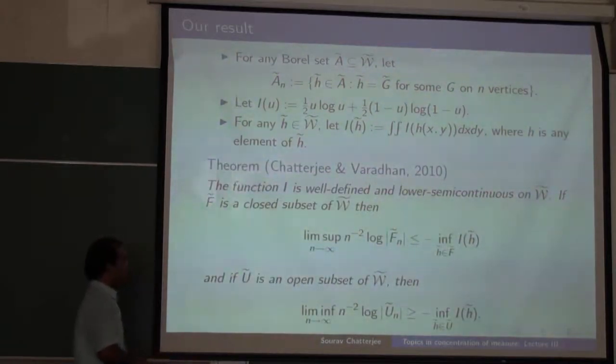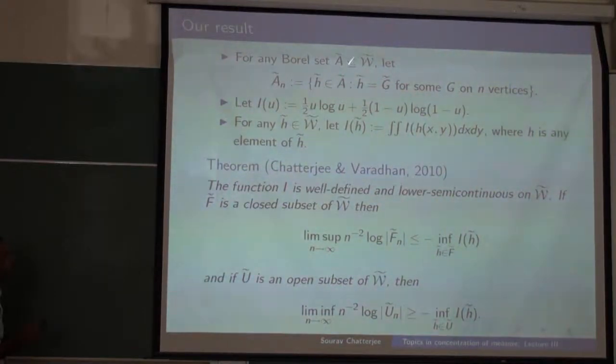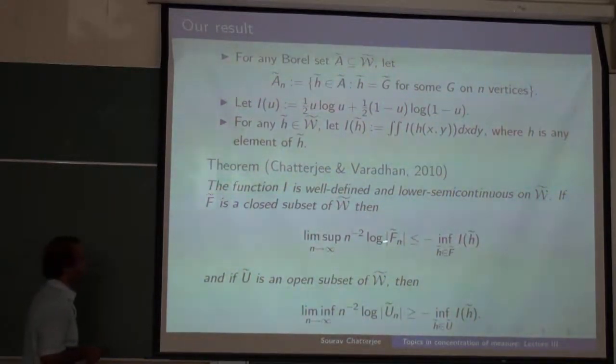Here is the result. This function I is well defined and lower semi-continuous on this space. If F tilde is a closed subset of this W tilde, then you have an upper bound on the lim sup of log of F_n divided by n squared, where F_n is the number of graphs on n vertices having that property.